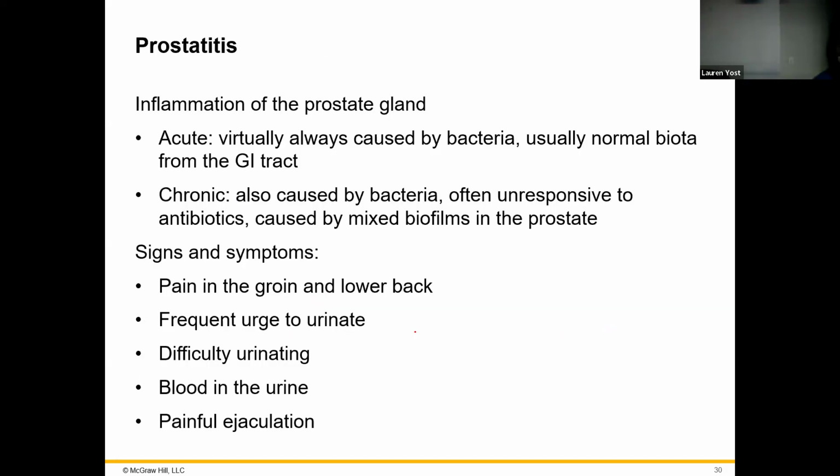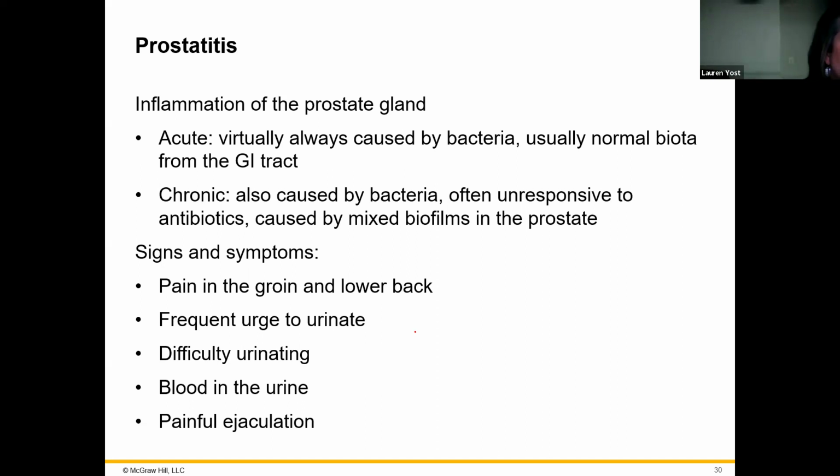All right, prostatitis. This is inflammation of the prostate gland. You can have acute or chronic versions. The main difference is that in the chronic version, we see development of biofilms in the prostate. The bacteria that are getting into the prostate have now developed into biofilms, and that is much more difficult to treat.